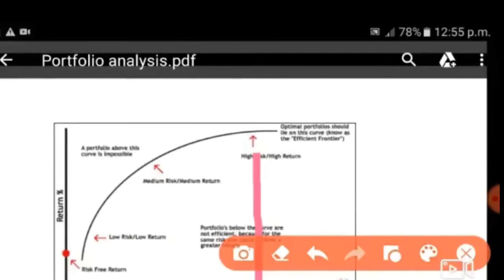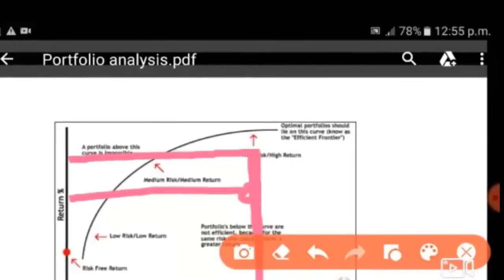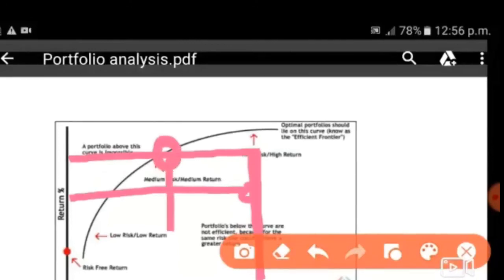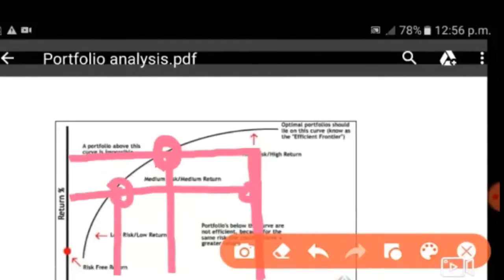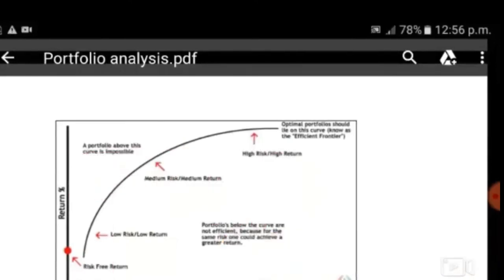Suppose you choose a point here, the return you get is very low, but you have to suffer this much risk. Again you choose a point here, the return is this much, but the risk is here. Why is it inefficient? Because here you can get a portfolio with lower risk and higher return. Here also you can get a portfolio with lower risk and the same return. So all the portfolios below the efficient frontier are inefficient and the investor will not choose them.